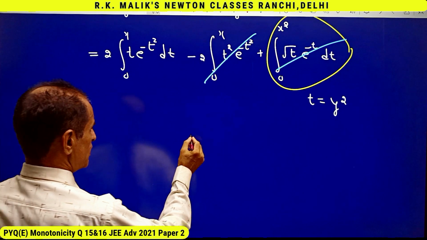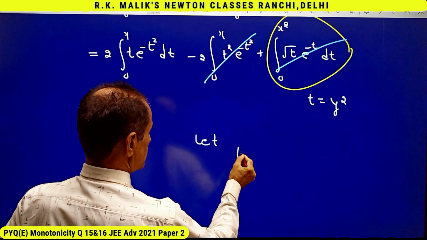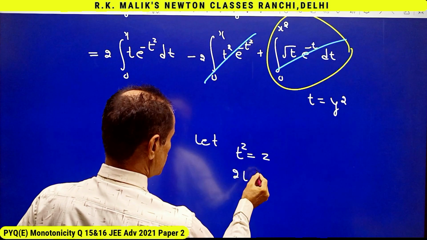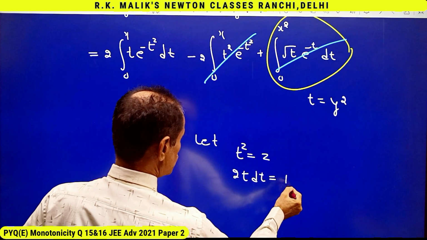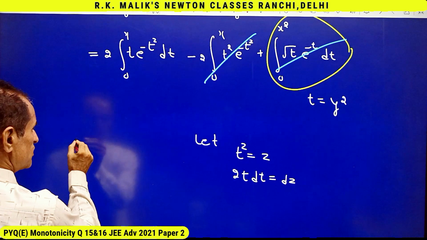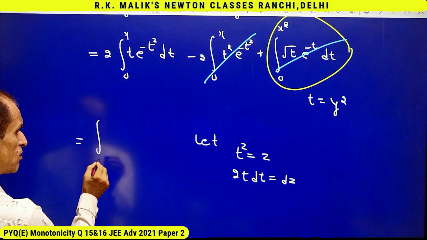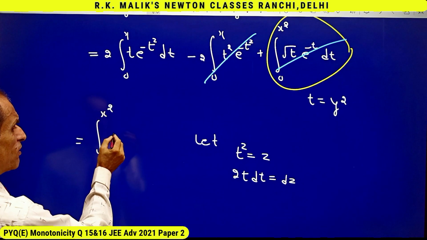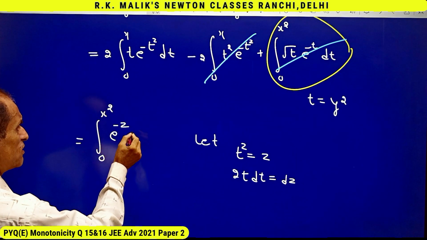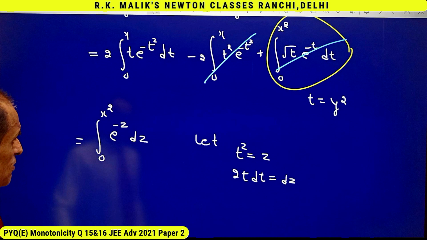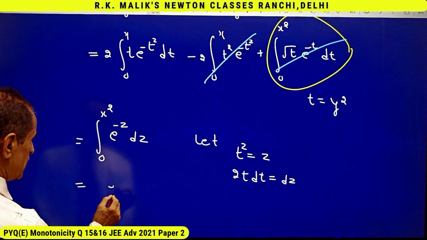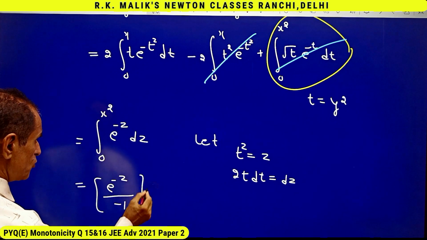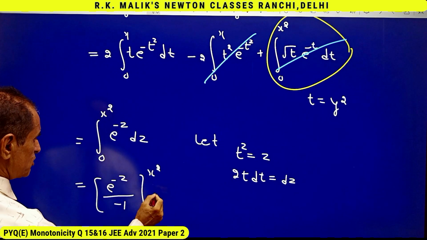And for doing this, let t² equal to z, 2t dt equal to dz. Therefore, I'll be getting the integral from 0 to x² of e^(-z) dz. That is, I get e^(-z) upon -1 from 0 to x².